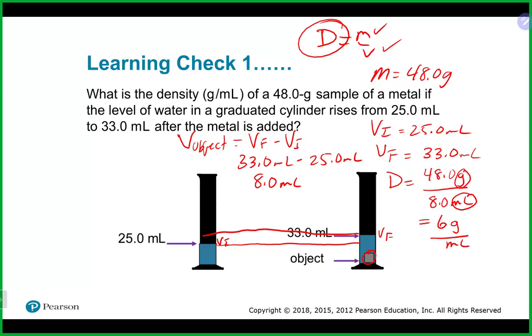Did I remember sig figs though? I did not, right? Because we do need to look at our last calculation. This one has 3 sig figs, and this one has 2 sig figs, which means I actually need to put a 0 in this case to get to the proper number of significant figures.